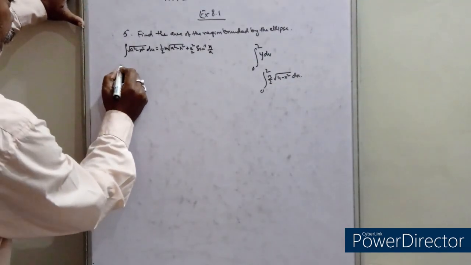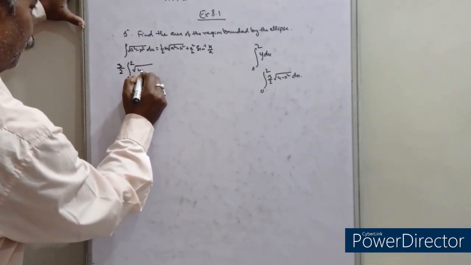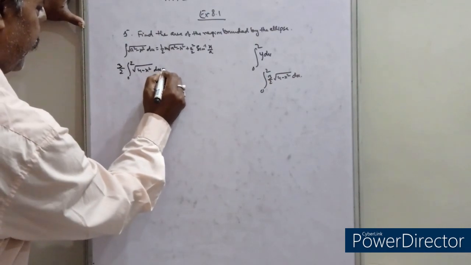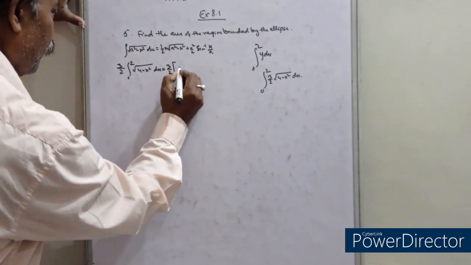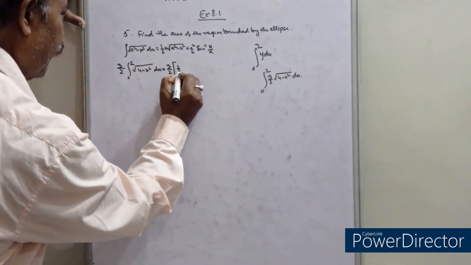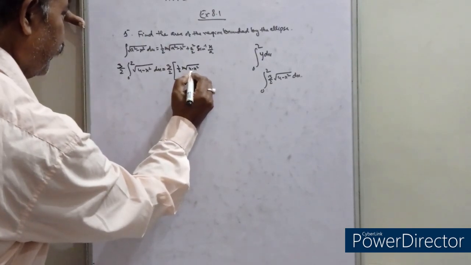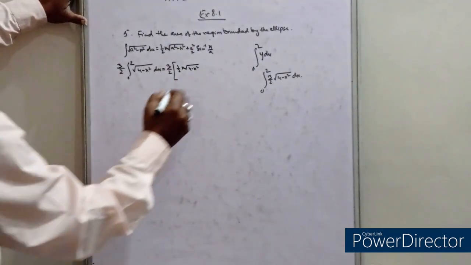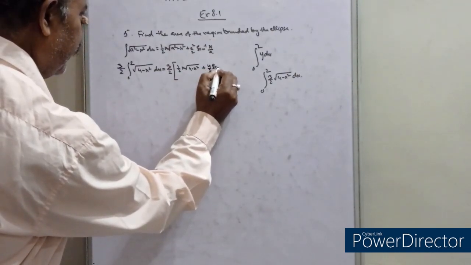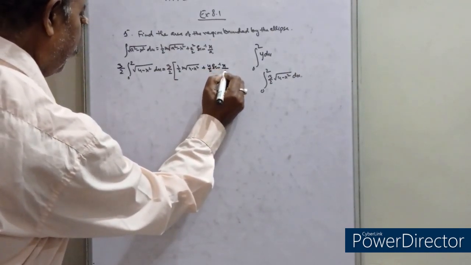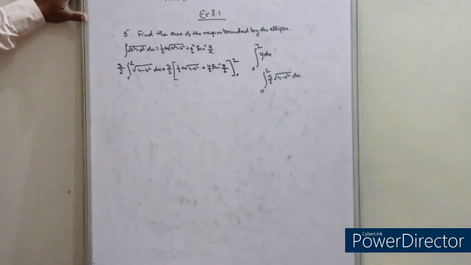So this will be 3 by 2 integral from 0 to 2 of root over 4 minus x square dx, that will be equal to 3 by 2 times [1 by 2 x root over 4 minus x square plus 4 by 2 sine inverse x by 2], from 0 to 2.